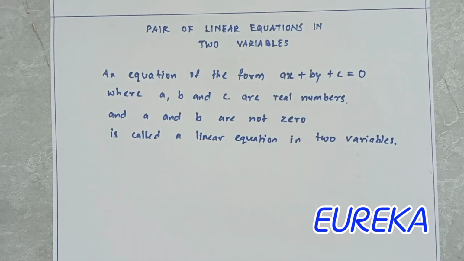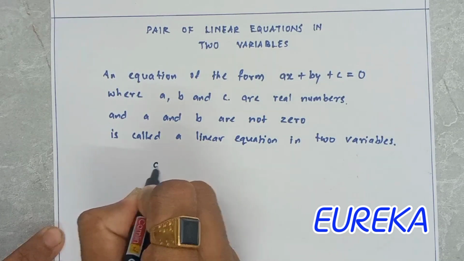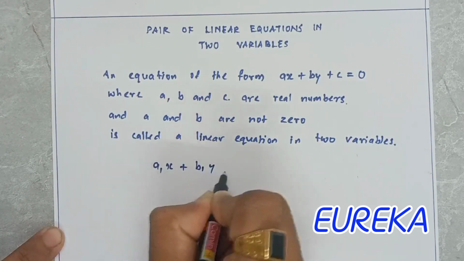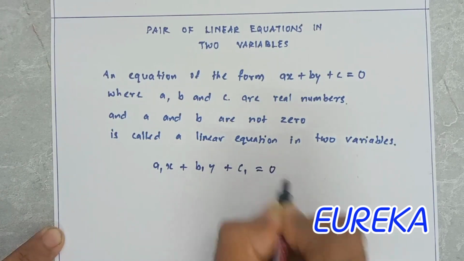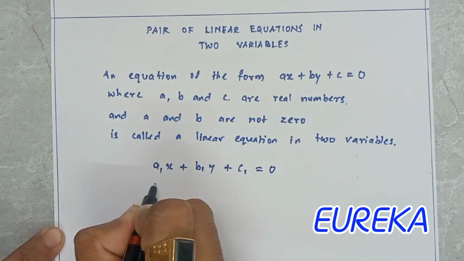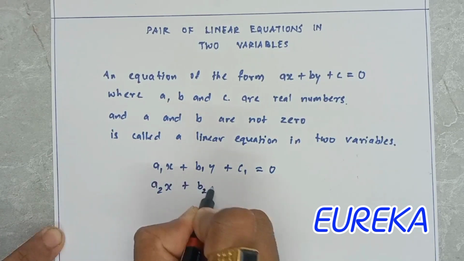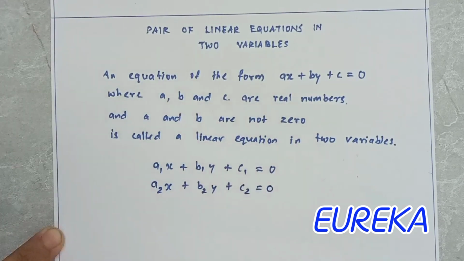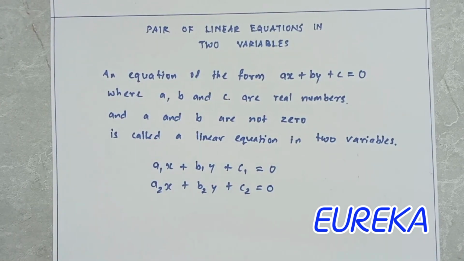Now because we are considering a pair, how do we represent the pair? a1x plus b1y plus c1 equals 0 and a2x plus b2y plus c2 equal to 0. So here we have a pair of linear equations in two variables.